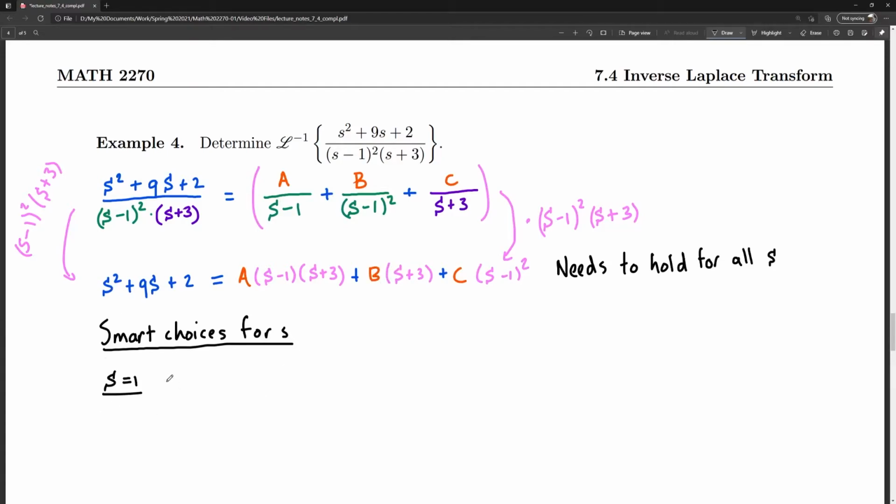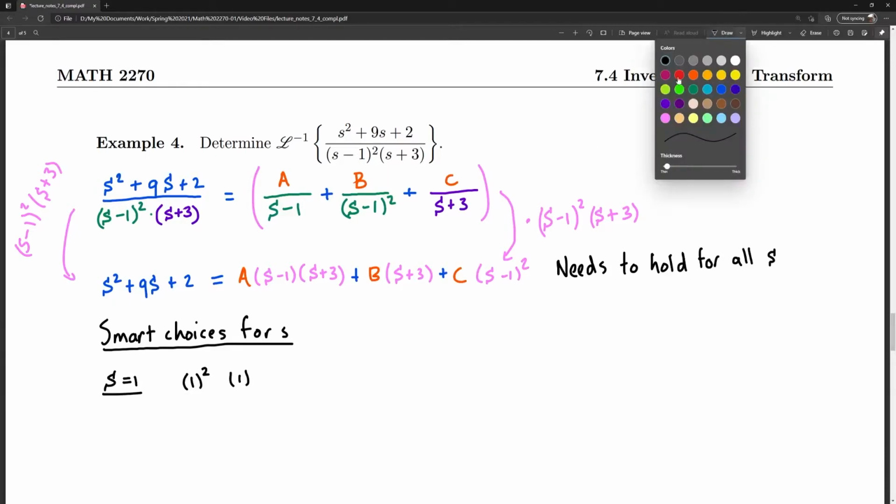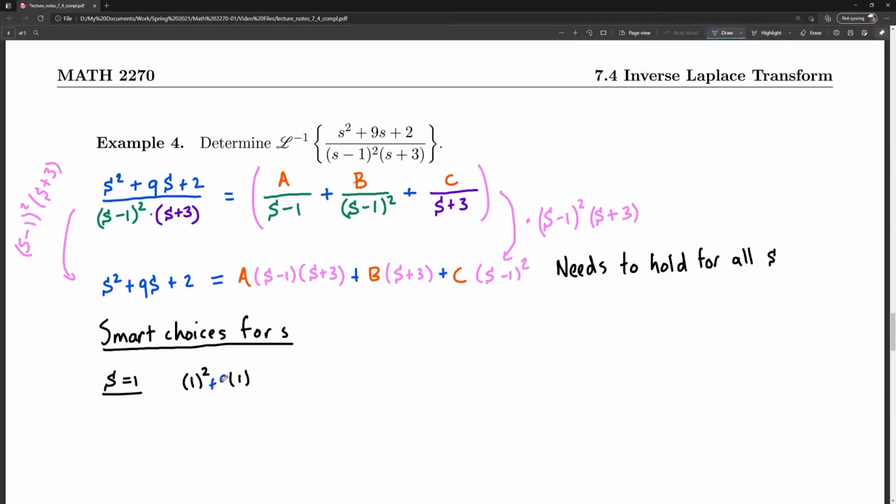So if I plug in 1, I get 1 squared plus 9 times 1 plus 2 equals, and then I'm going to just write 0, right? Because if I plug in 1 here, I get 1 minus 1, and that's 0.